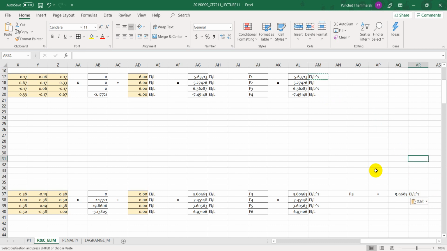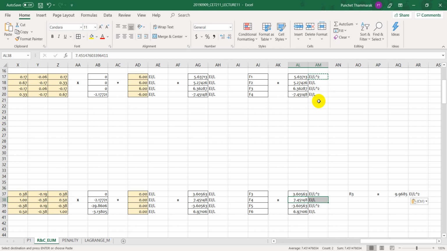What else? You can see your F4, which equals 7 point this, as you don't have any applied moment at degree of freedom number 4. Then the 2 internal moments have to cancel out. So this is clear.